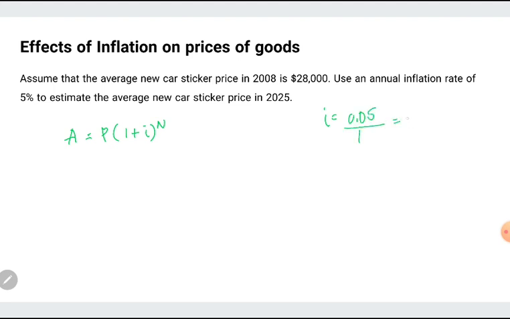N is always 1 in inflation problems since we want to simplify it. Big N is, since N is 1, it's just equivalent to T. The number of years is, okay, how many years are there in between 2008 and 2025? 17 years.